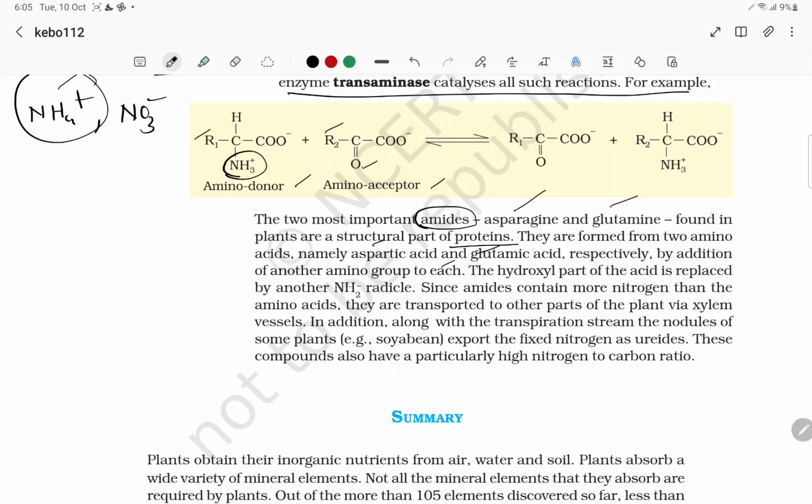The hydroxyl part of the amino acid is replaced by NH2 radical. So the OH group is actually replaced by NH2 radical, since amides contain more nitrogen than amino acids. They are transported to other parts of the plants via xylem vessels.